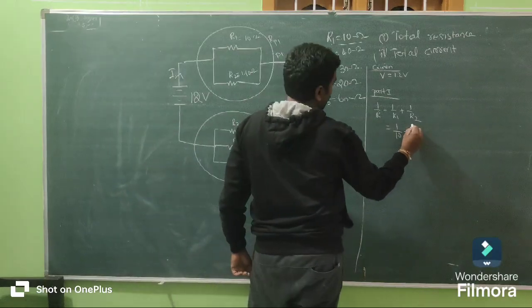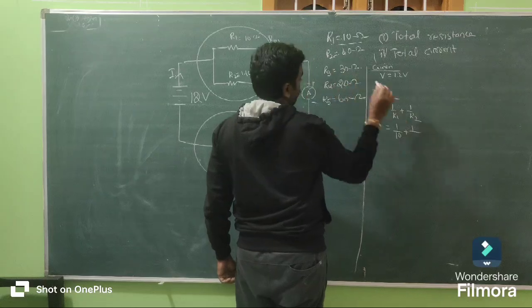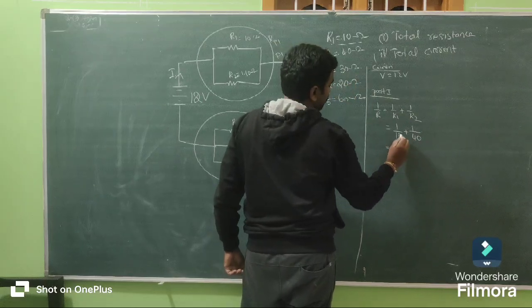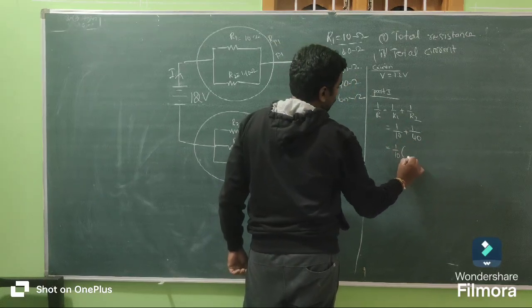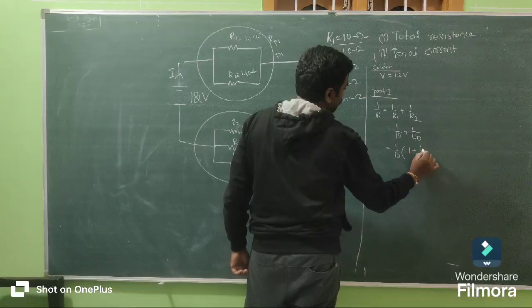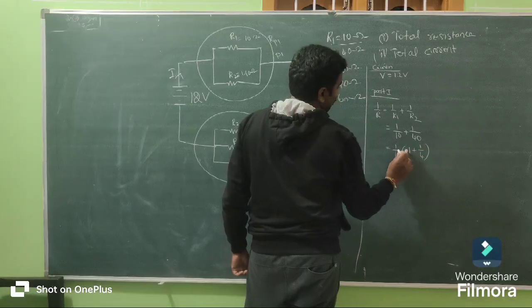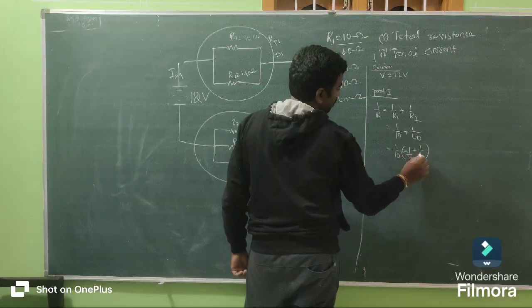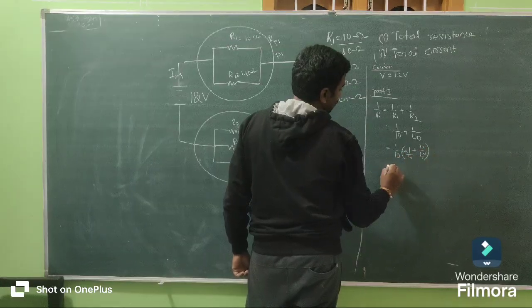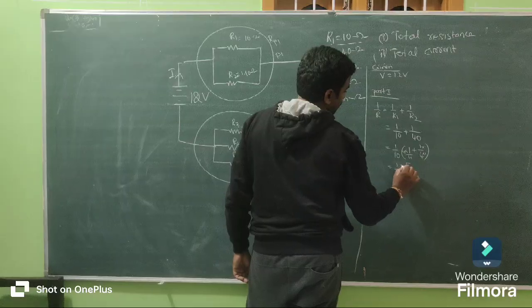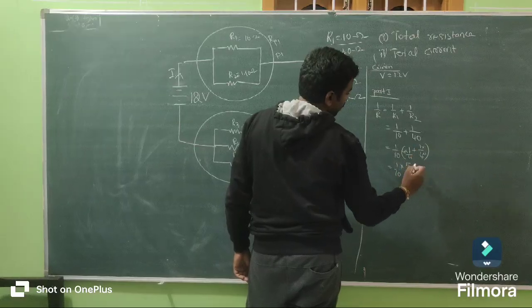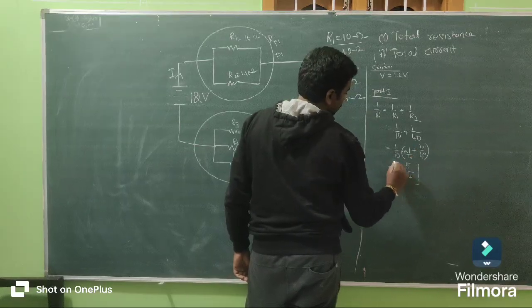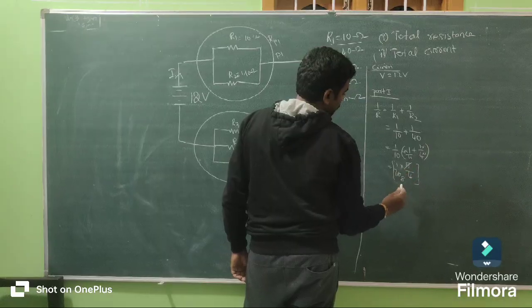1 by RP1 is equal to 1 by 10 plus 1 by 40. Taking the LCM as 40, this is 4 plus 1 over 40, which is 5 by 40, which is 1 by 8.